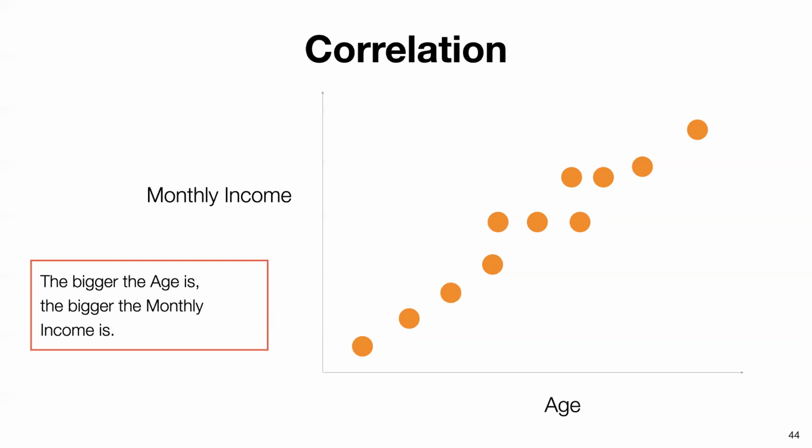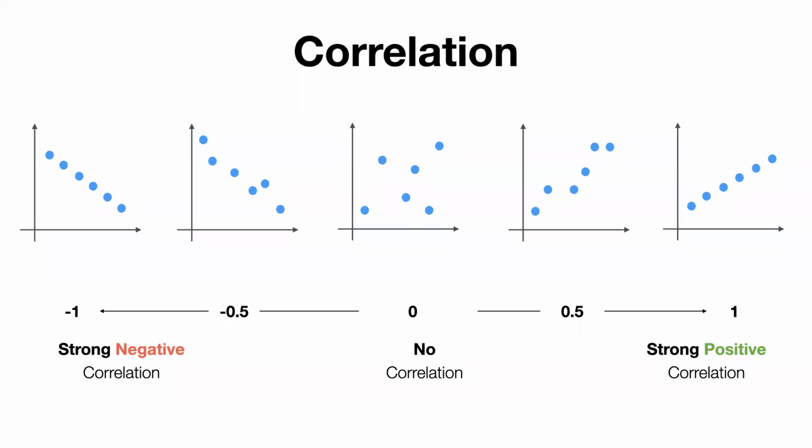I think that's really the key point. If it's numerical, I'm going to talk about correlation in the next episode, next week. There is a way to calculate the strength of the correlation between -1 and 1. If there is no correlation, we call it 0, a strong positive correlation is 1, and so on.